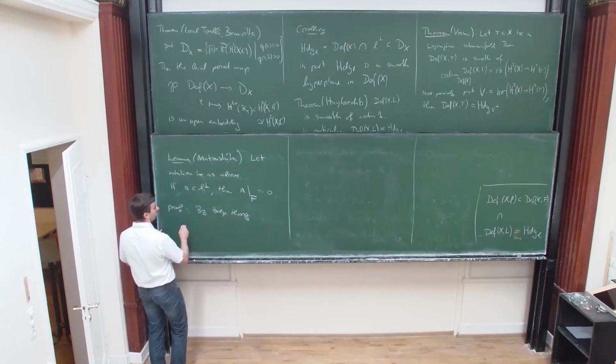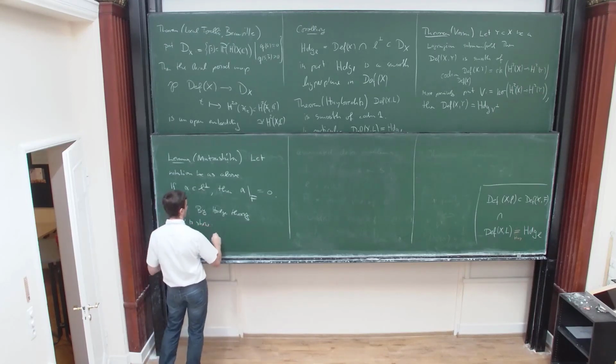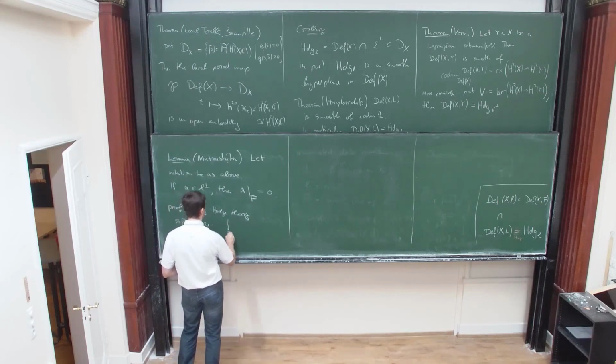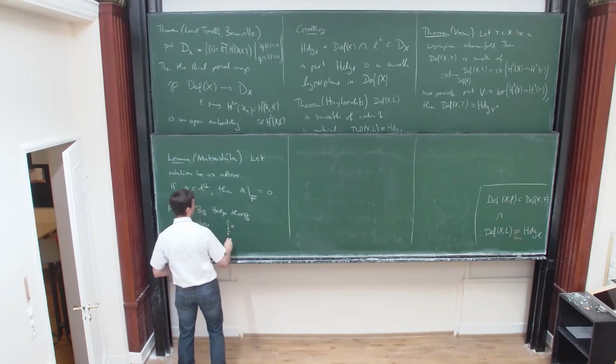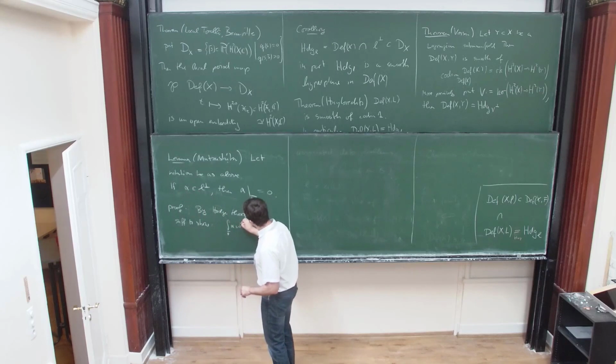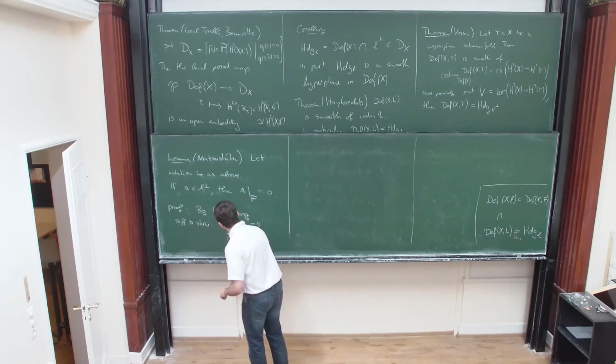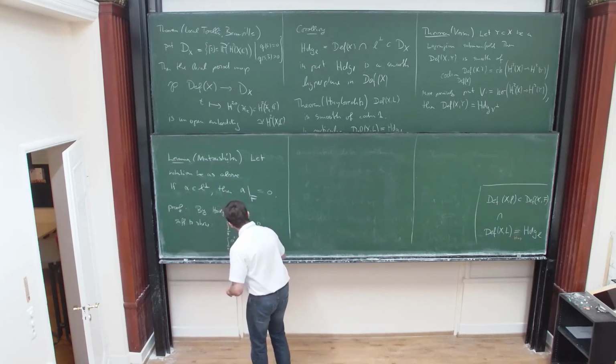So by Hodge theory, it suffices to show that the integral over F of alpha times omega to the n minus 1 is equal to 0, and the integral over F of alpha squared times omega to the n minus 2 is equal to 0.